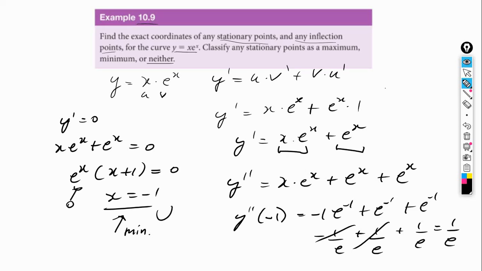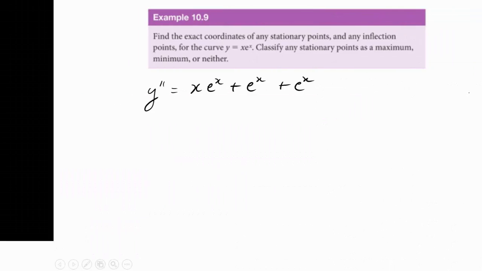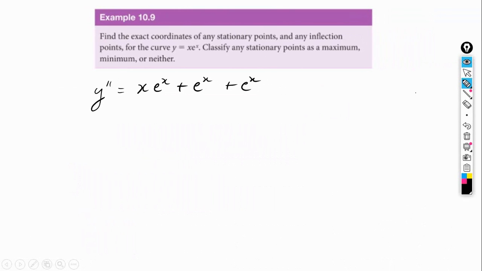Okay, so next, they want us to see if there are any points of inflection. So let's recall that this is the second derivative. Notice we can simplify this into x times e to the x plus 2 times e to the x.